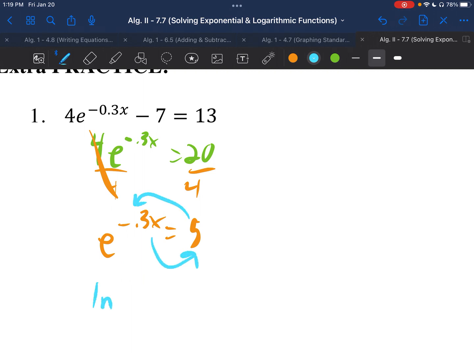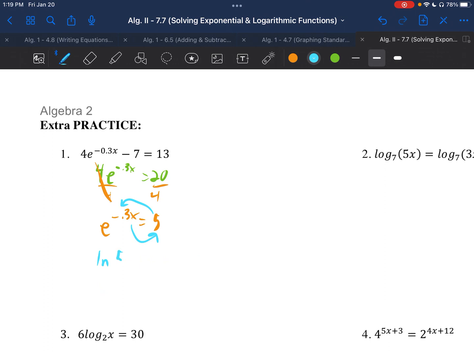So log base e, aka natural log of 5, is equal to negative 0.3x. So if you were to divide both sides by negative 0.3, and type in natural log of 5 divided by negative 0.3, you don't have to do the change of base because it's just a natural log, then we end up getting x to be approximately, to 2 decimal places, negative 5.36.